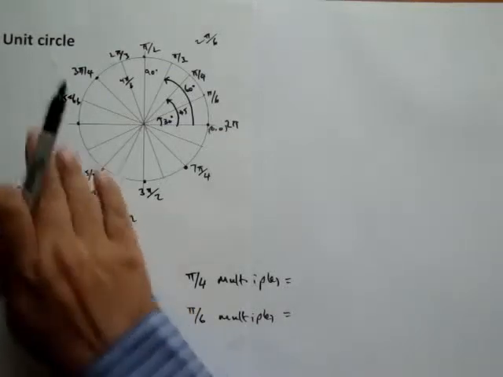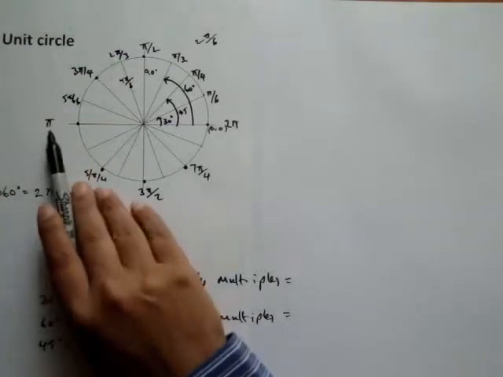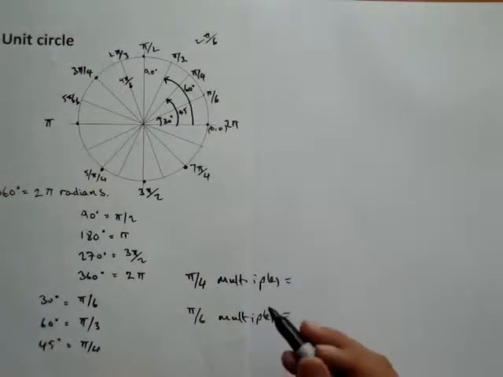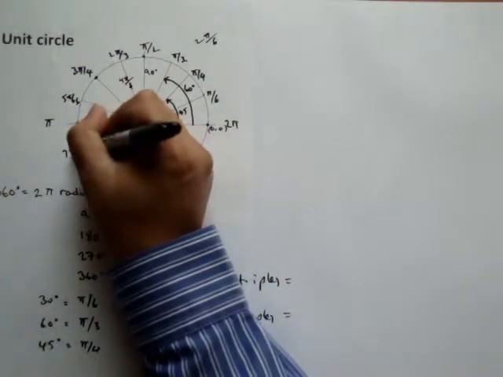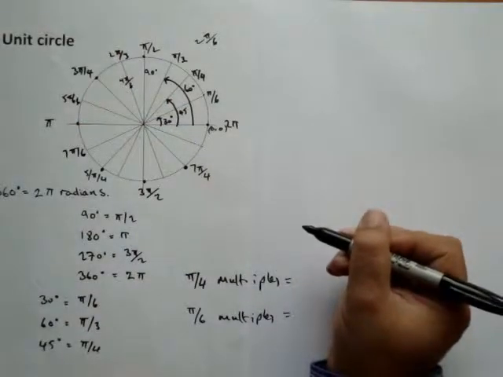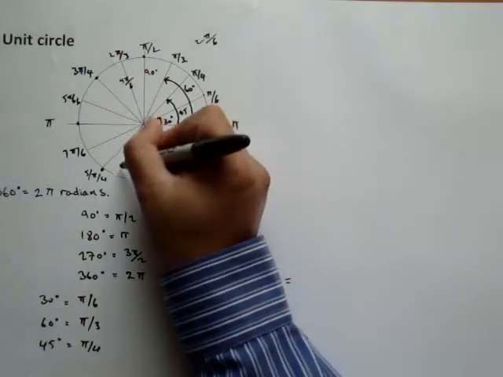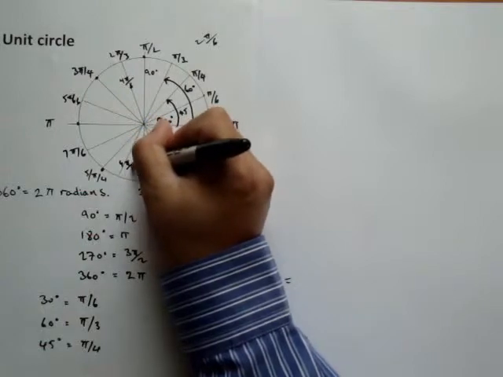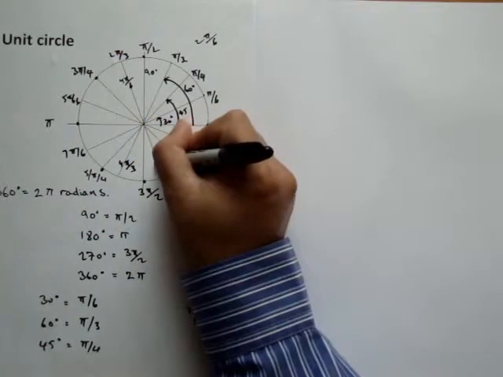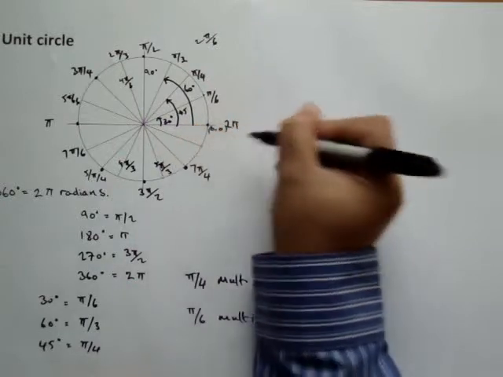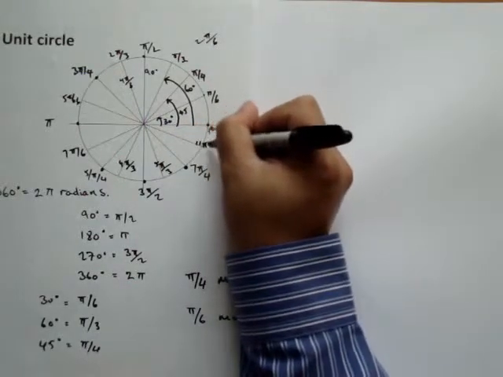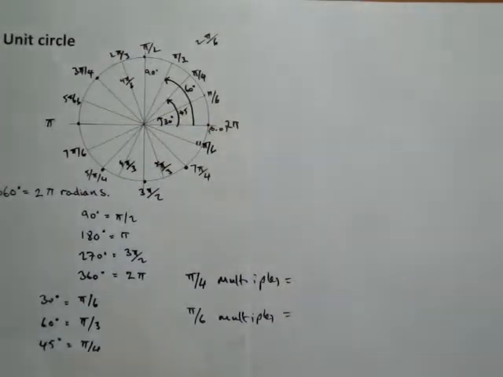This is 6 pi over 6, which when we cancel becomes pi. 7 pi over 6, 8 pi over 6, which when we cancel it down becomes 4 pi over 3. This is 5 pi over 3, and this is 11 pi over 6. And that's how we label it in radians. So first of all we go up multiples of pi over 4, and then multiples of pi over 6.